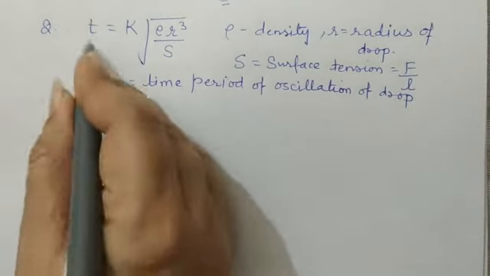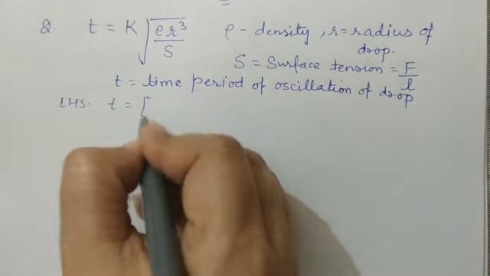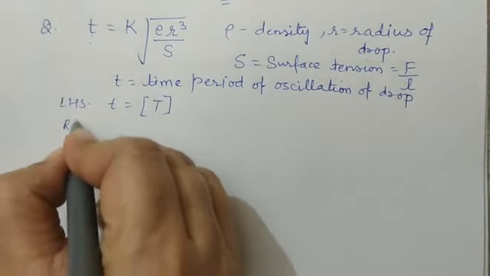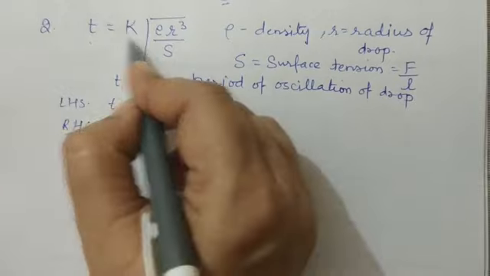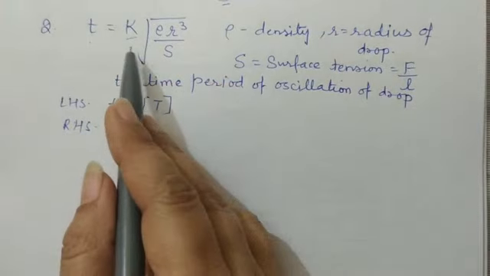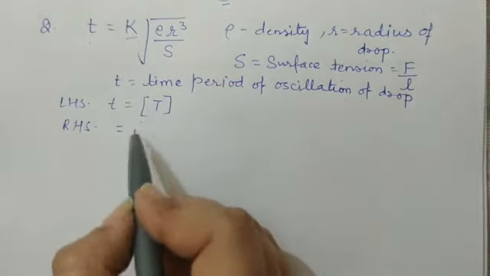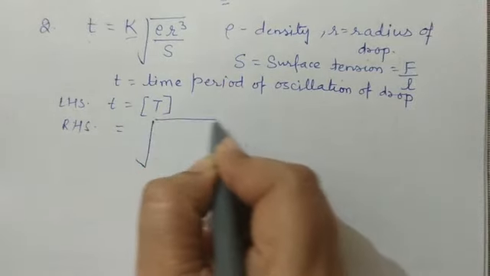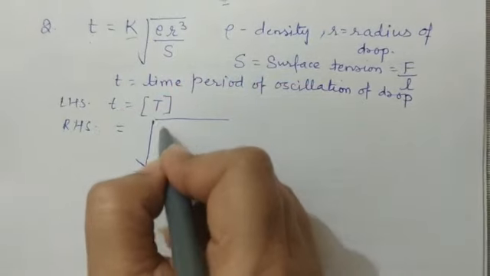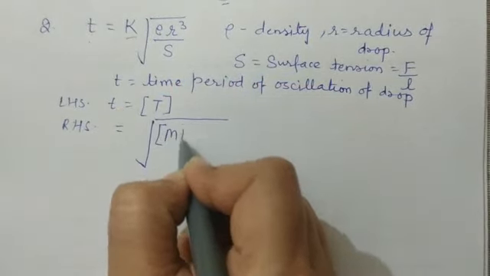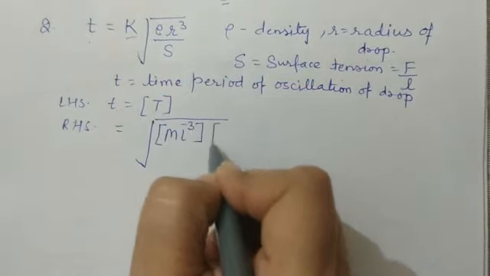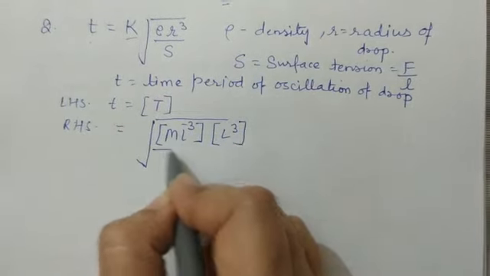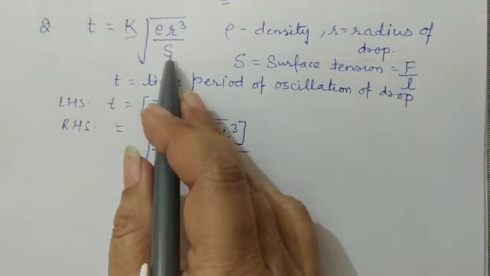Left hand side, time, so T has dimension capital T. Now right side, as K is a proportionality constant, we will not take its dimension because it doesn't have any dimension. Square root, rho is density, the dimension of density is ML^-3, R cube is L cube, divided by surface tension.